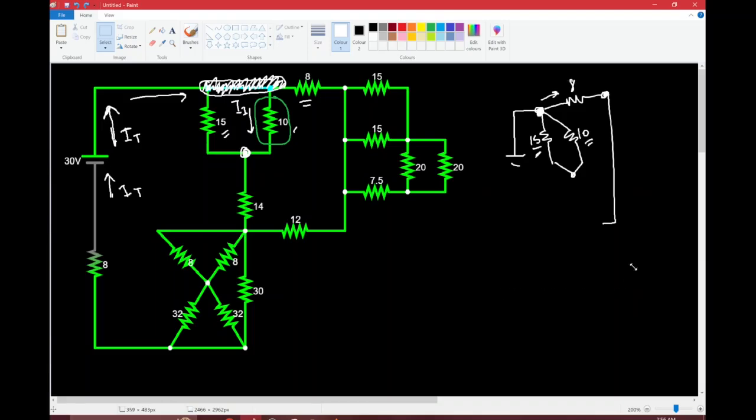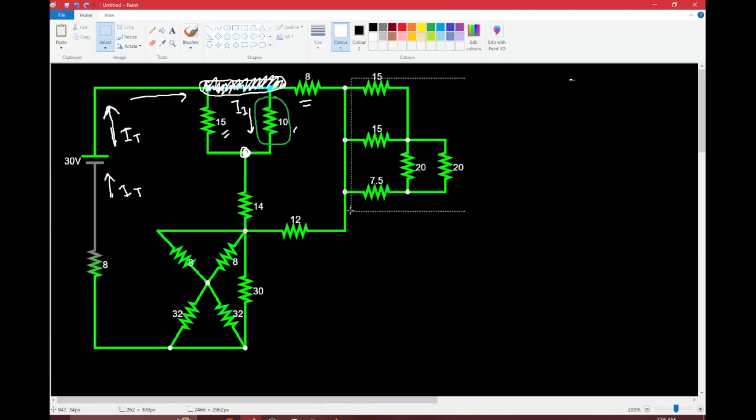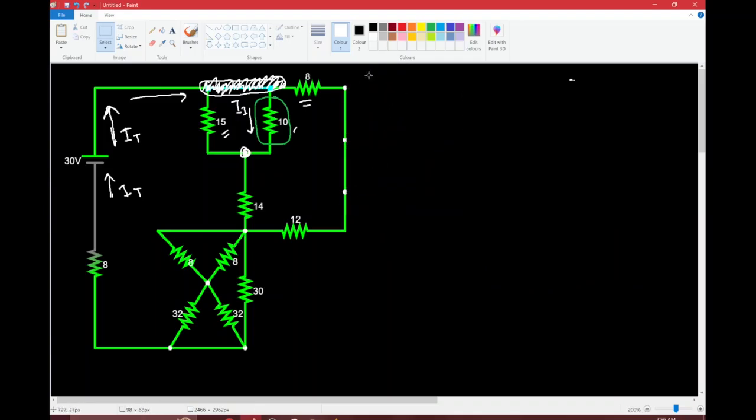So I'm going to delete all of these because remember, the electricity is not going to go through that way anyways. Okay, so we've got this kind of situation going on here. And what else I'm going to do is put this resistor together with this resistor here. So remember I said you can slide it down and combine them together.